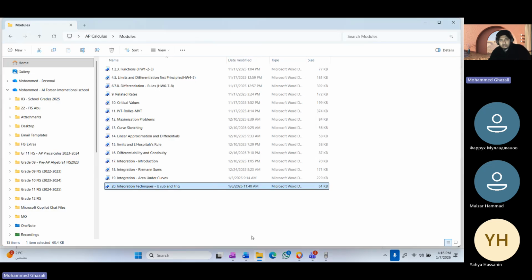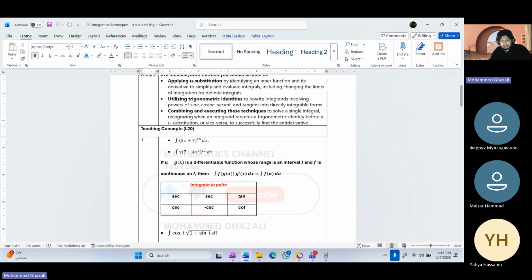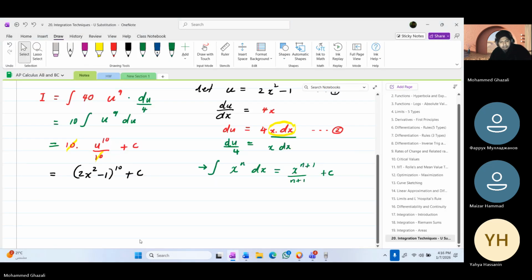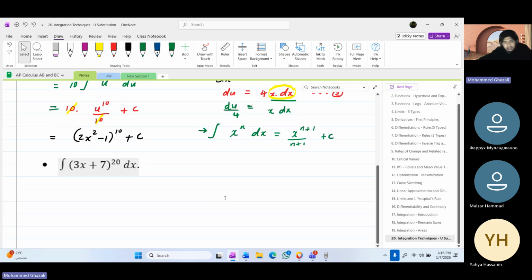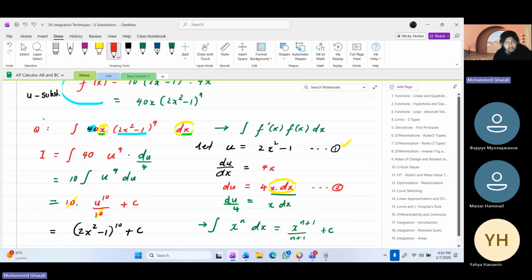I want to solve this question here now. This was just introduction, guys. So let's solve this question here, 1A. Let's call it 1, and this one 1B. Question 1A.